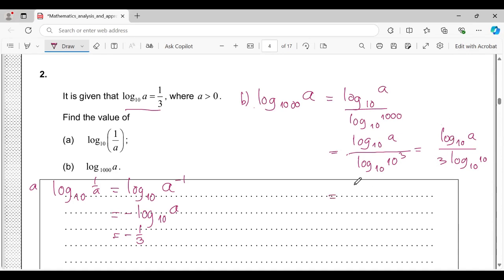It is 1 over 3 over 3 times 1. 1/3 times 1/3. It is 1 over 9. That's the solution of B.